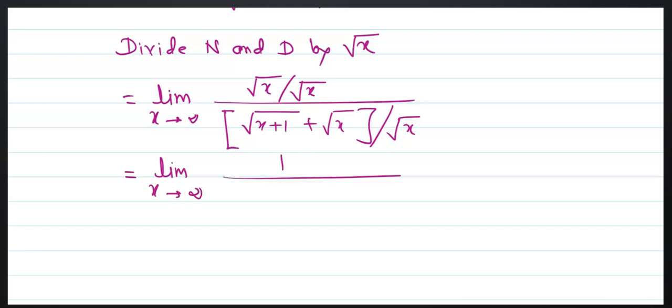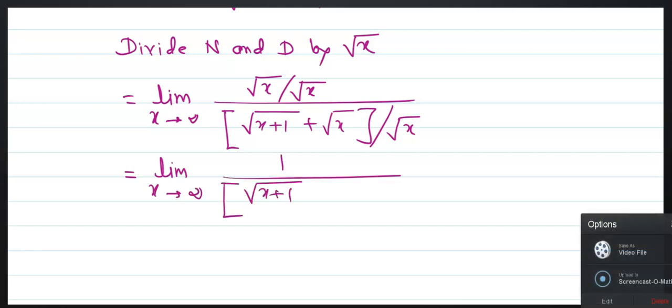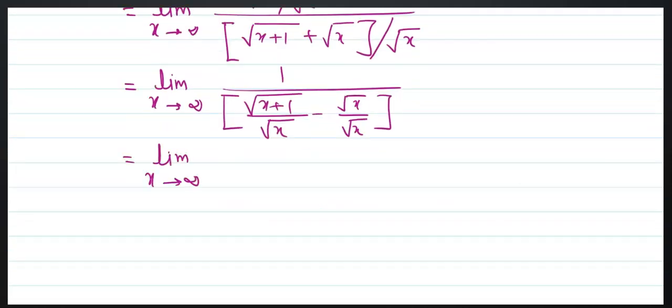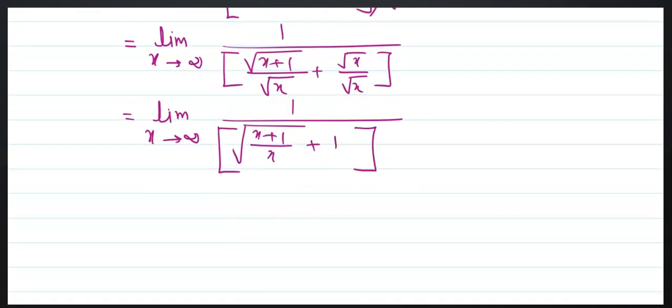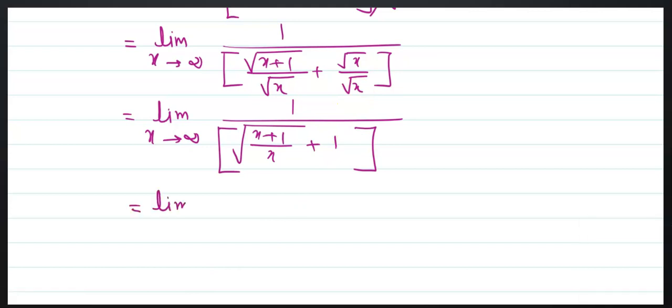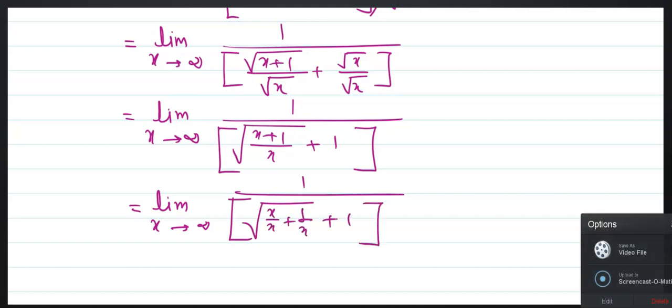You will get 1 upon root of x plus 1 upon root x plus, the plus sign must be there now. I will change it. That is the root of x plus 1 upon root x, both of them, the radicand is same. Therefore, we can write in a single root, that is the root of (x + 1)/x plus root x upon root x, that will be 1. Therefore, limit x tends to infinity, 1 upon root of (x + 1)/x plus 1.